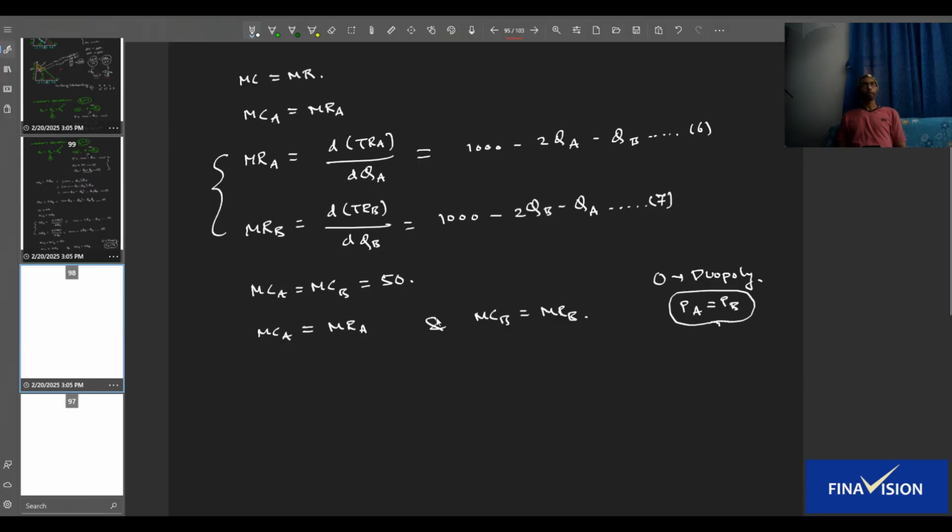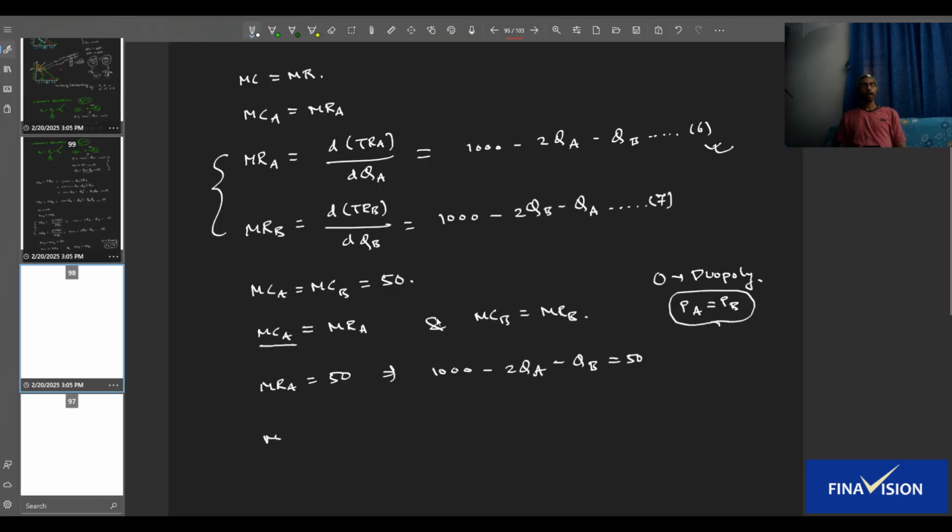Now, MRA is equal to MCA, which is equal to 50. This implies 1000 minus 2QA minus QB is equal to 50. This is from equation 6.